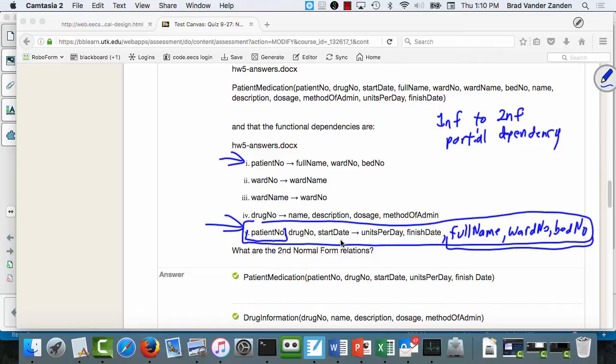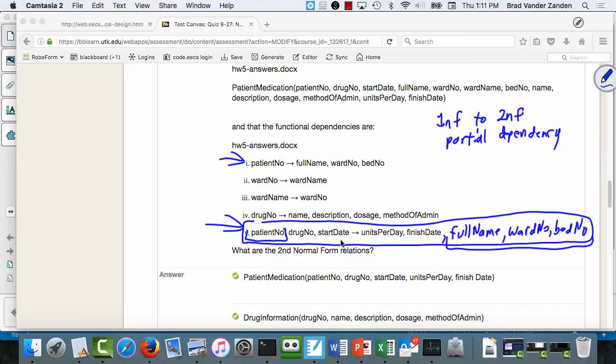Can you tell us your definition of partial dependency? Okay, so my definition of partial dependency is the first one, which is that it is a dependency where the determinant on the left-hand side is not minimal. You could eliminate one of the attributes from the left-hand side and still uniquely determine the attributes on the right. Yep, the same one that's in the notes.